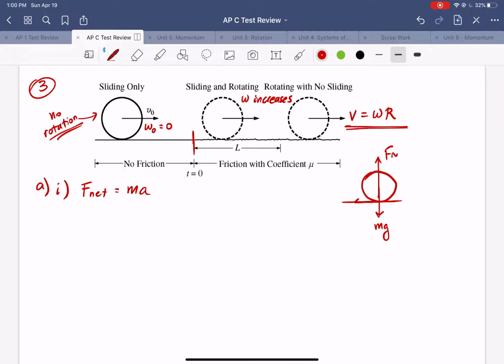So friction has to be in this direction. So this friction is going to do two things. It's going to slow down the linear velocity, so v will actually decrease at the same time as it starts to torque up this wheel and cause it to rotate faster and faster. So while omega is increasing, v is also decreasing.